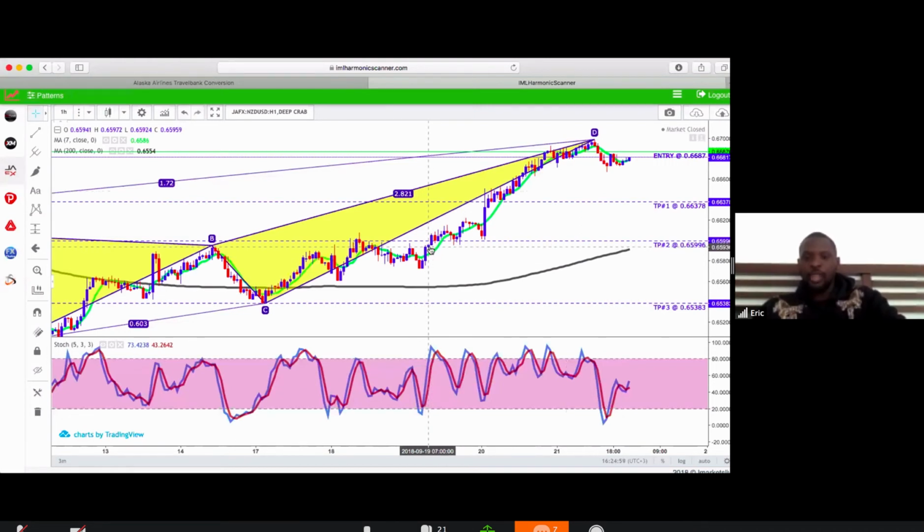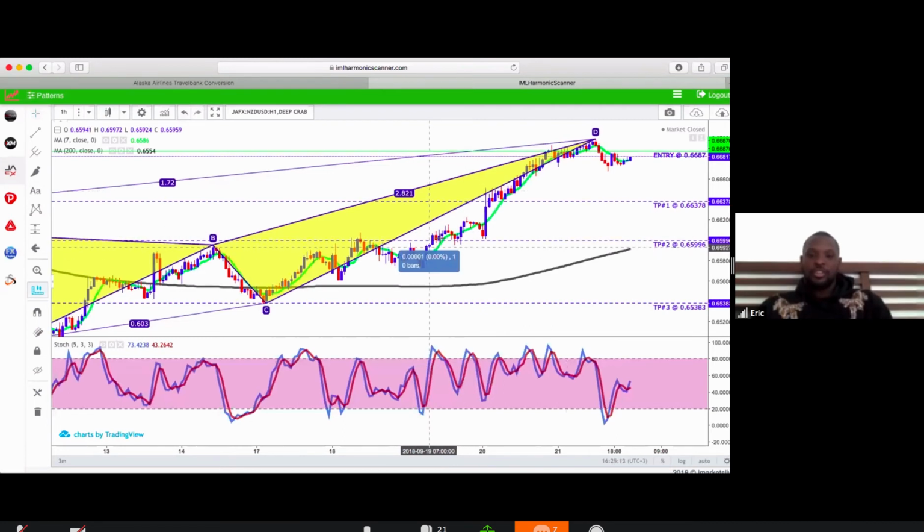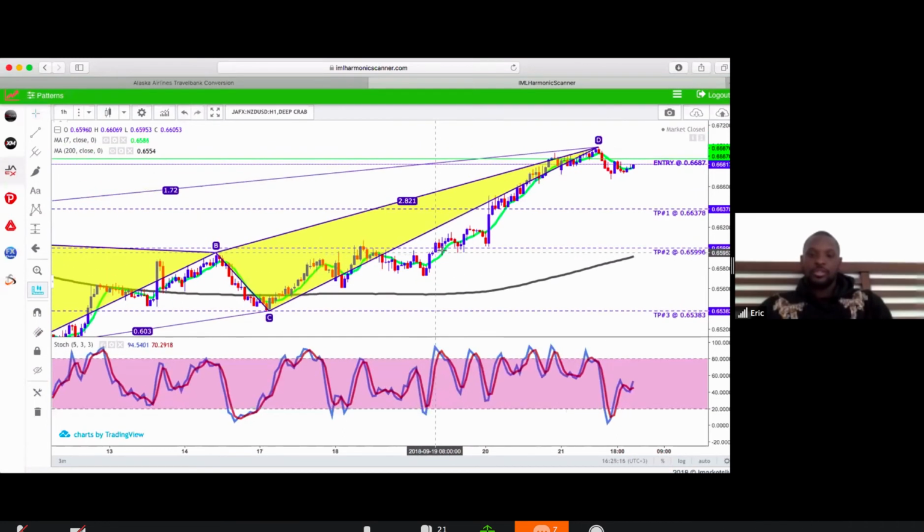I bought that, and then I would have taken it all the way up. Usually I go for 30 pips, so I would have caught that. 30 pips. So let me show y'all.